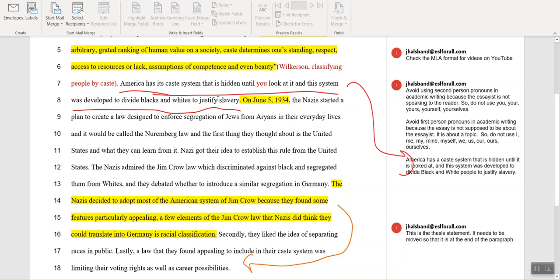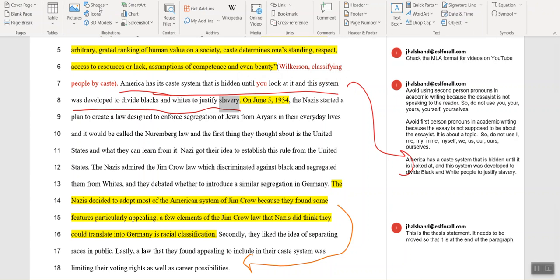Right, and then also over here, just to justify slavery, I'm also going to insert a comment, because it was more than justify slavery.